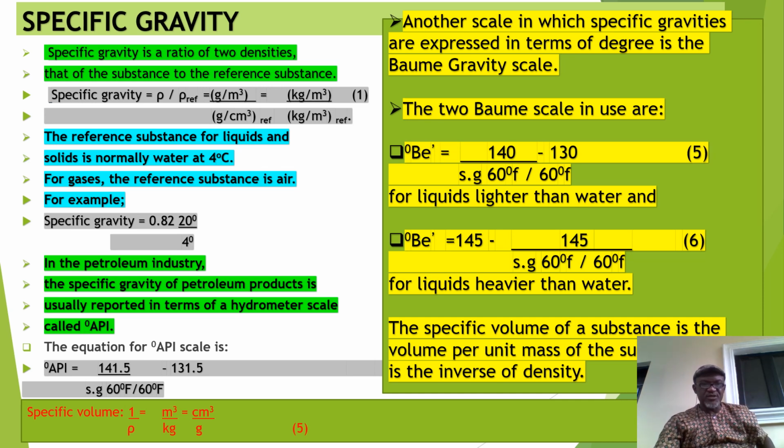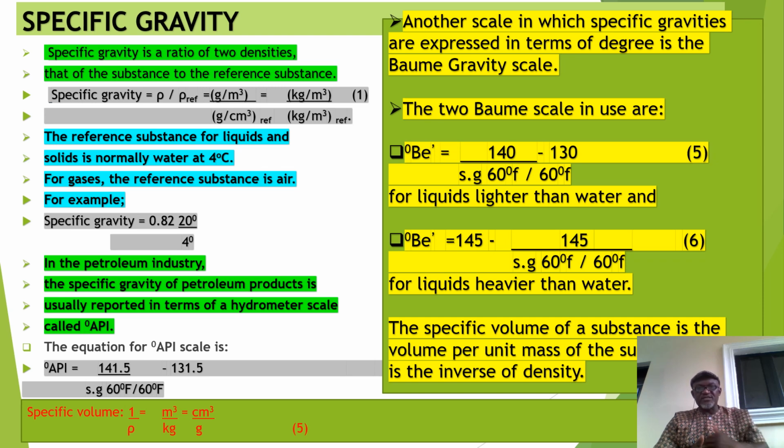Now, in the petroleum industry, the specific gravity of a petroleum product is usually reported in terms of the hydrometer scale called degrees API, American Petroleum Institute. That equation is given: degrees API equals 141.5 divided by specific gravity at 60 degrees Fahrenheit over 60 degrees Fahrenheit, minus 131.5.